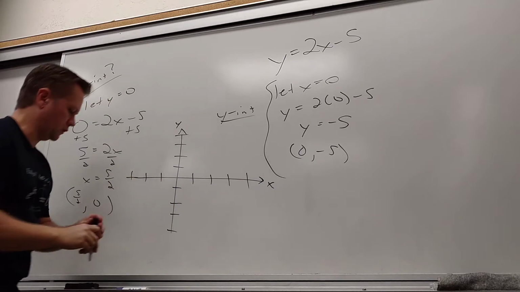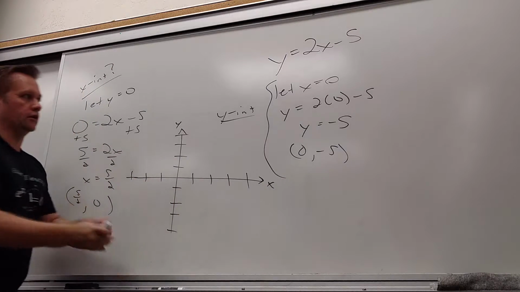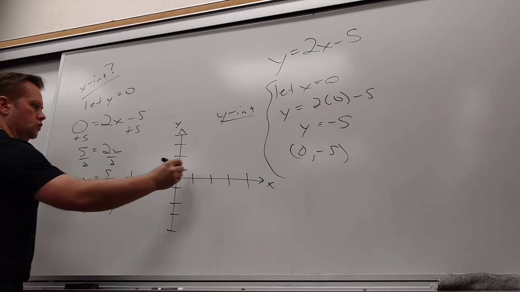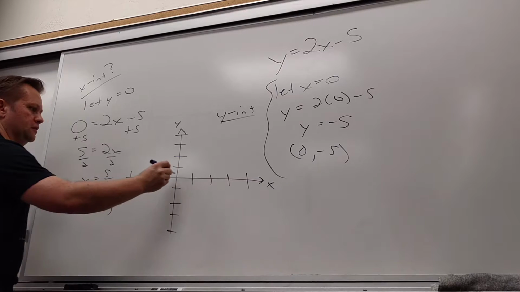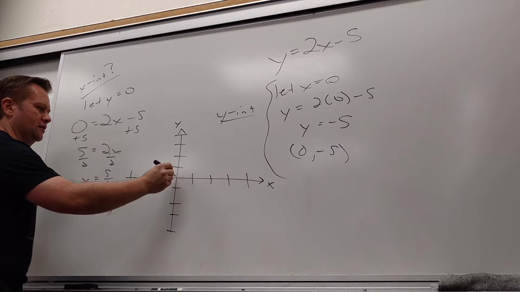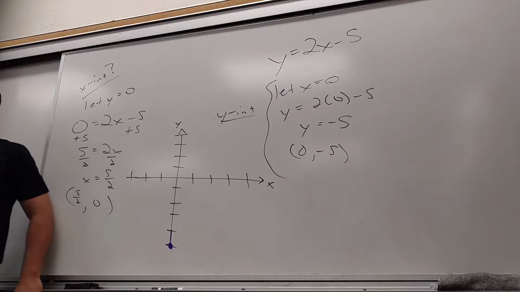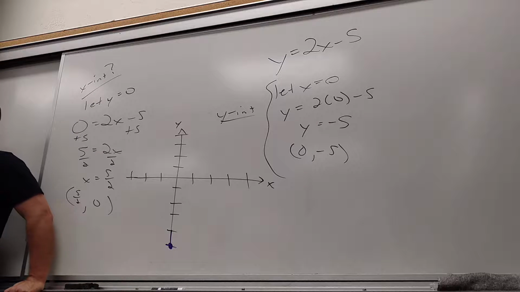You guys are doing good so far. Keep going. So what's the y-intercept? 0, negative 5. And how do I get there? Be more specific. Down 5. Just 0 left or right. Don't go anywhere, left or right. That's a quick way. Just go down 5.